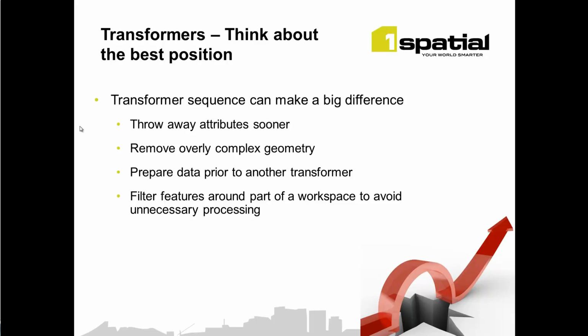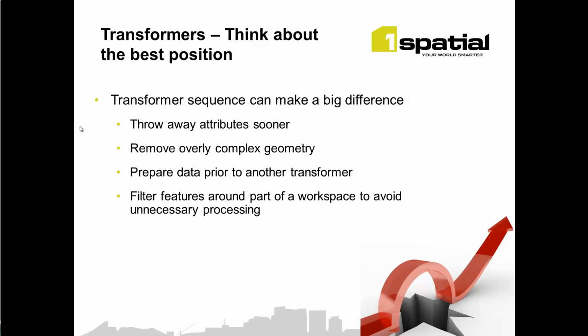So you can go back in and add an attribute manager, or some of the earlier transformers like the attribute keeper and remover, to throw away things that aren't necessary. You might find that you haven't even used the geometry, or you used it up to a certain point, and then you write to Excel.